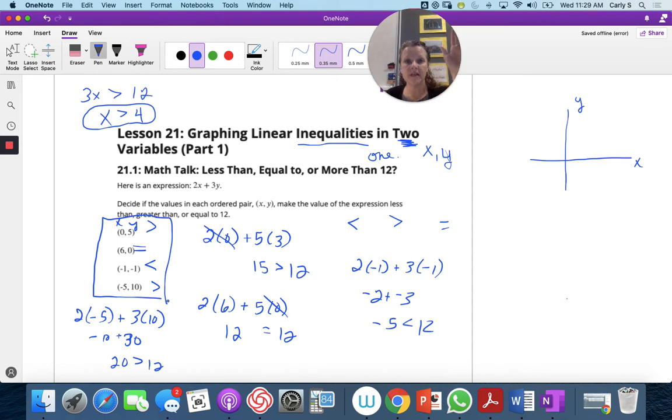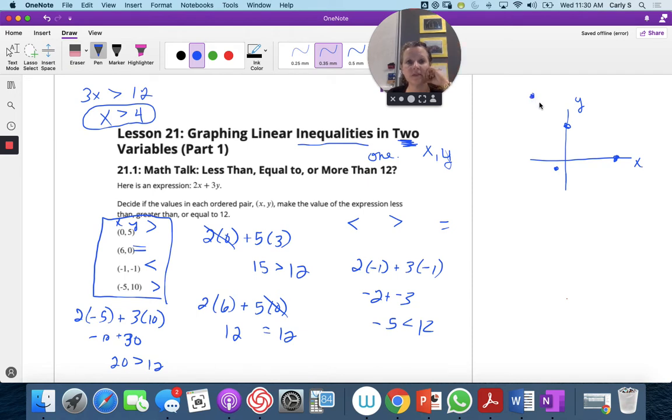So what we did is, in the coordinate plane, we found 0, 5, 6, 0 is somewhere over here, -1, -1, and then -5, 10.